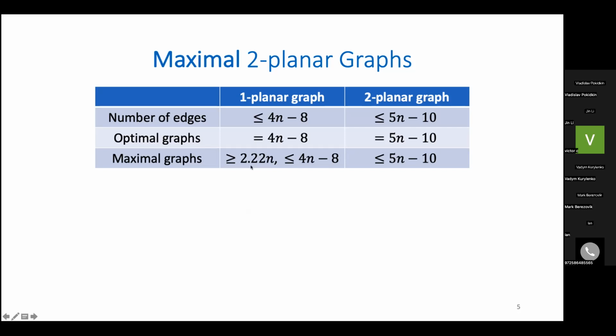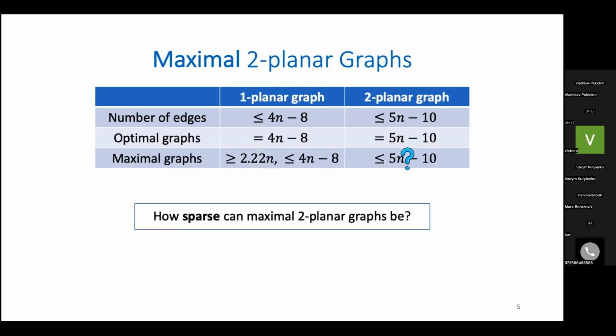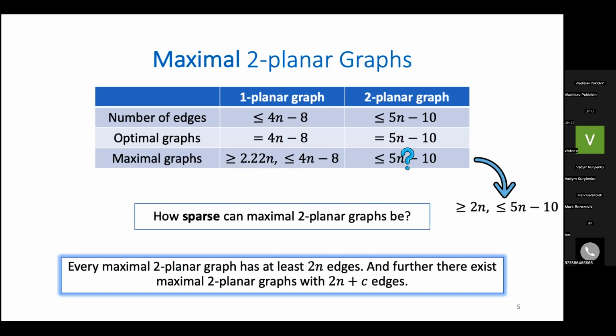For one planar graphs and maximal one planar graphs, we know that any maximal one planar graph will have at least 2.22n edges and at most 4n minus 8 edges. And what we wanted to study was maximal two planar graphs. The exact question we wanted to study was, how sparse can maximal two planar graphs be? And this is our result.